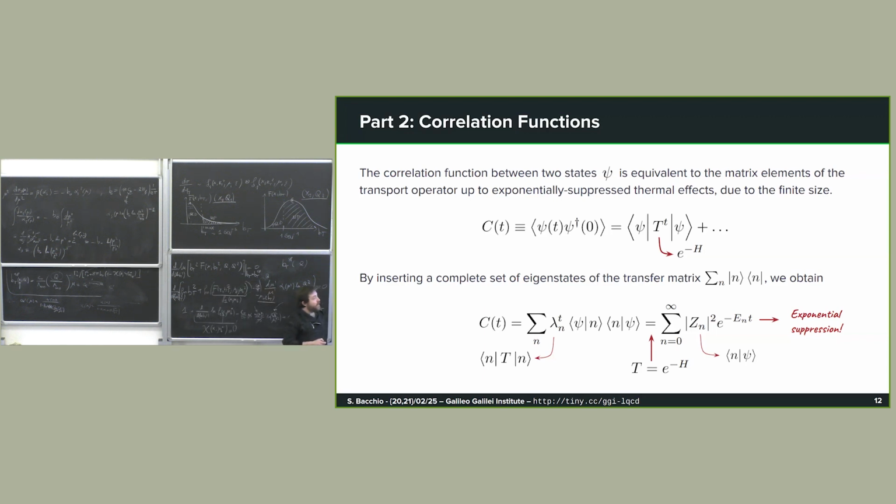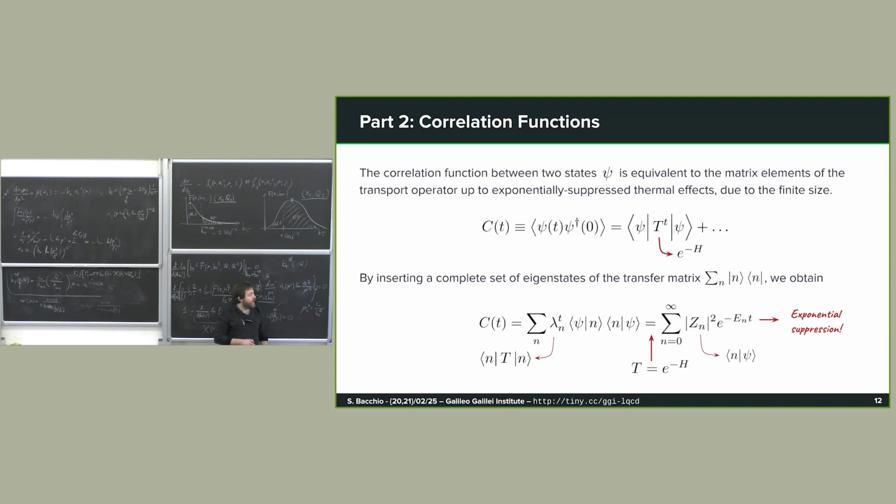And if we expand this, the transfer matrix for us is the exponential of the Hamiltonian, and you can insert a complete set of states of your theory, and write the correlation functions as a series of exponentials. So it's something that always decays exponentially with the energy in the exponent. And from here, you can understand that what you can really measure easily are only ground state matrix elements.